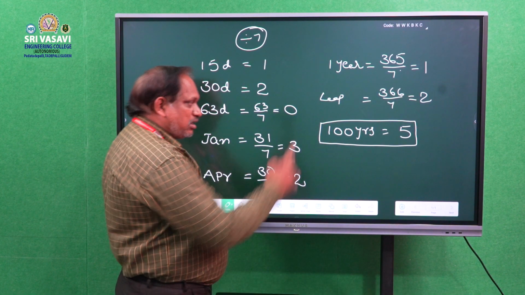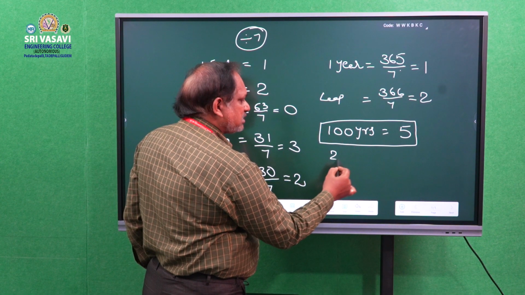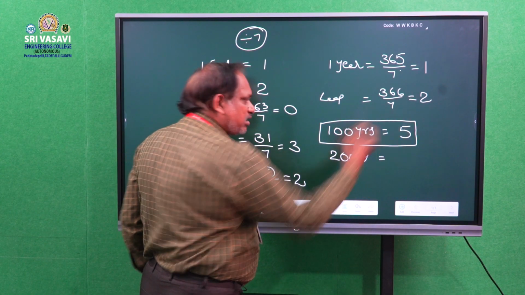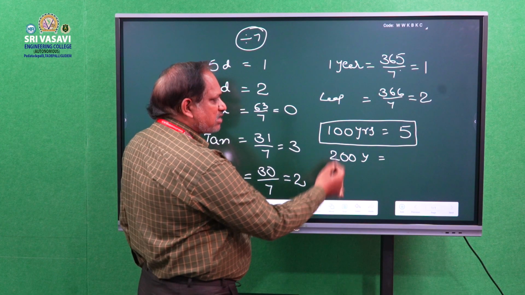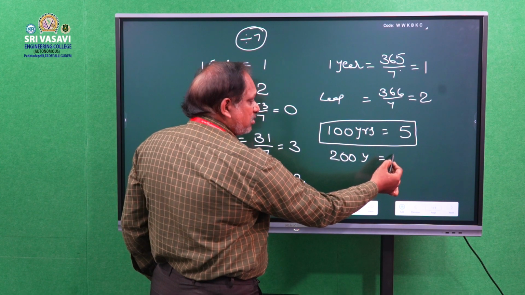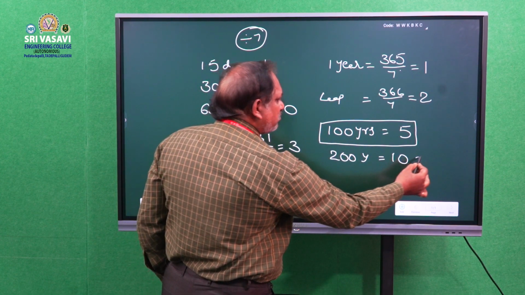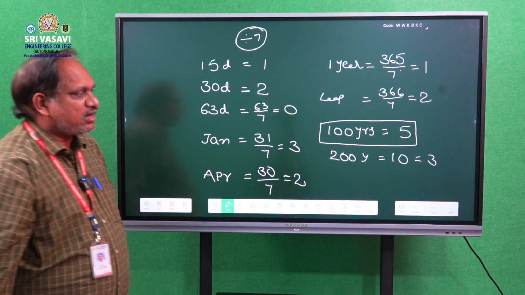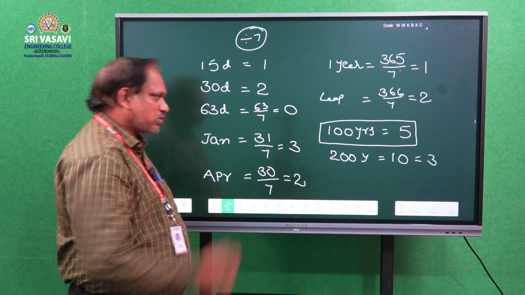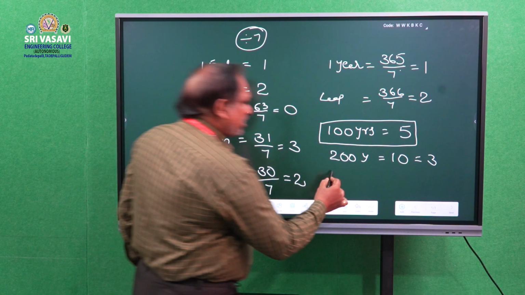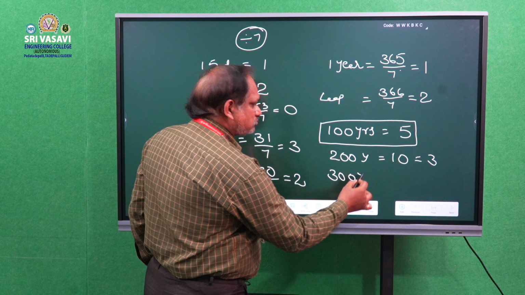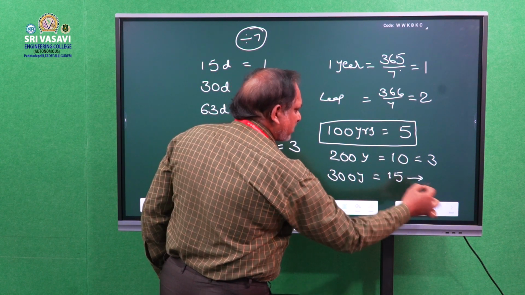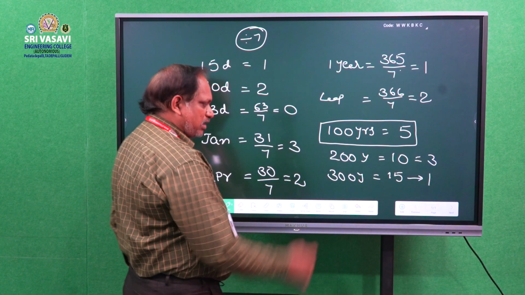5 odd days. If 100 years has 5 odd days, then 200 years, the number of odd days: for 100 years it is 5, for 200 years, 2 fives are 10. 10 odd days, and 10 when divided by 7, the remainder is 3. So 200 years, 3. 300 years, 3 fives are 15. 15 when divided by 7, the remainder is 1.